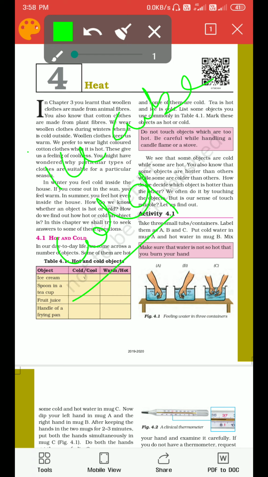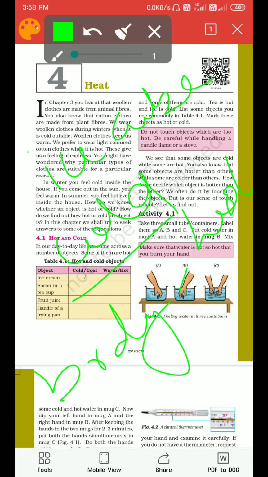The simple thing is that when heat is released from any object, it becomes cold. Okay? And as I have told you already, heat always moves from a hotter substance to a colder substance. So the heat which is present in your body is hot in comparison to the heat present in the ice cube.